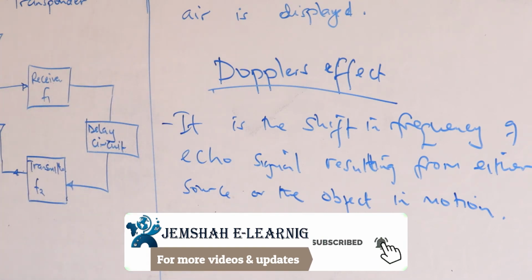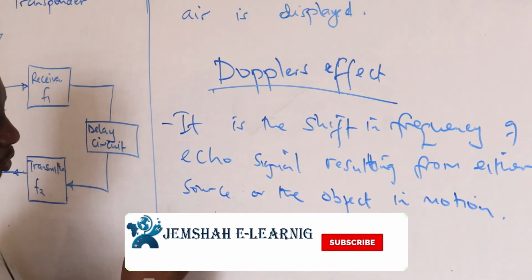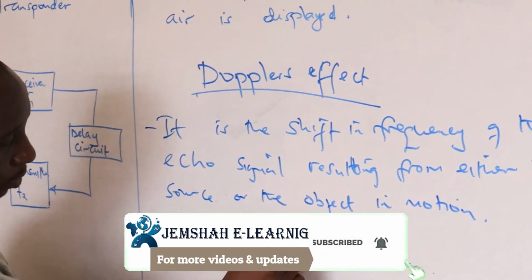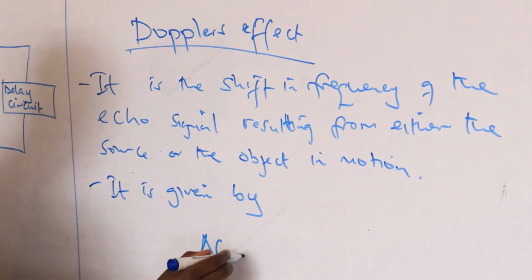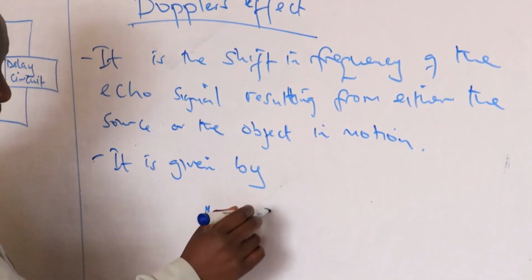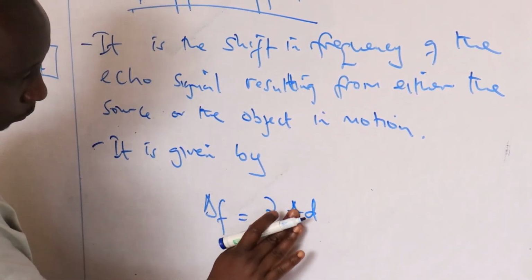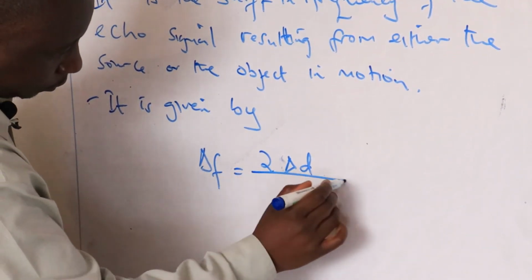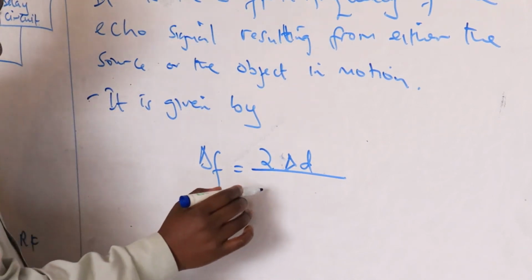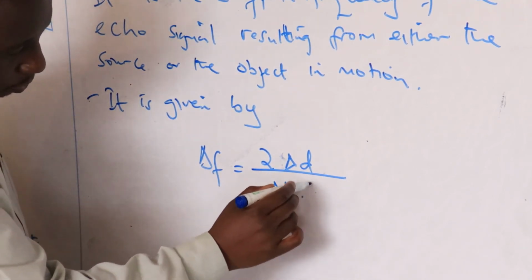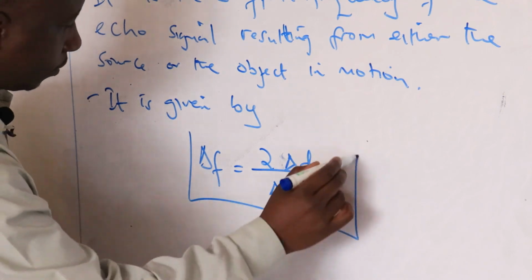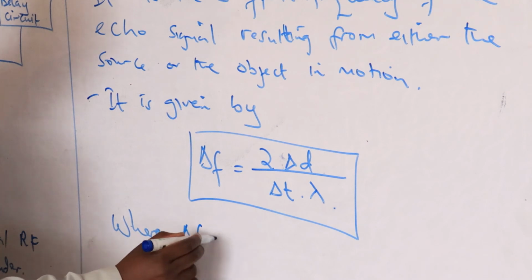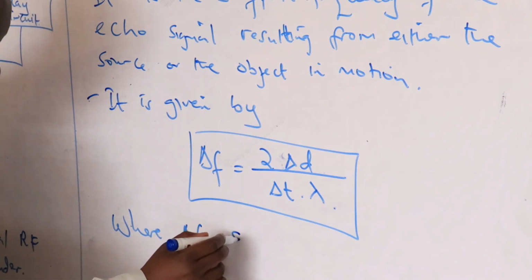It is given by the formula with delta t multiplied by the wavelength, where that refers to the Doppler shift in frequency.